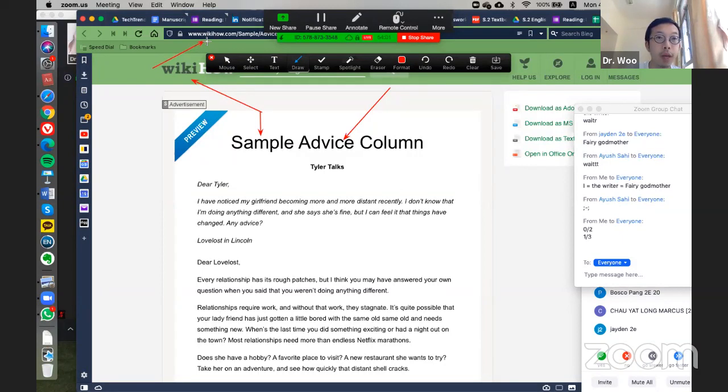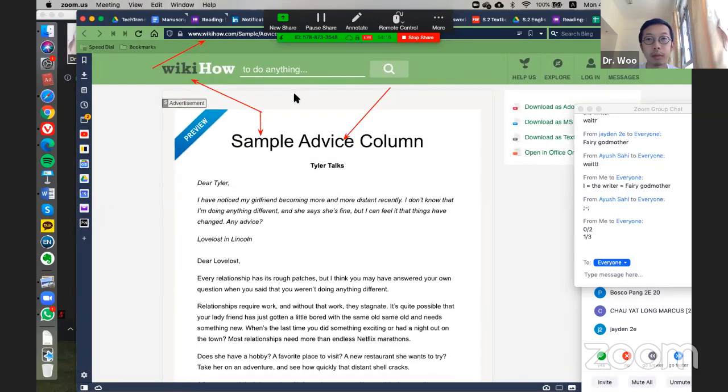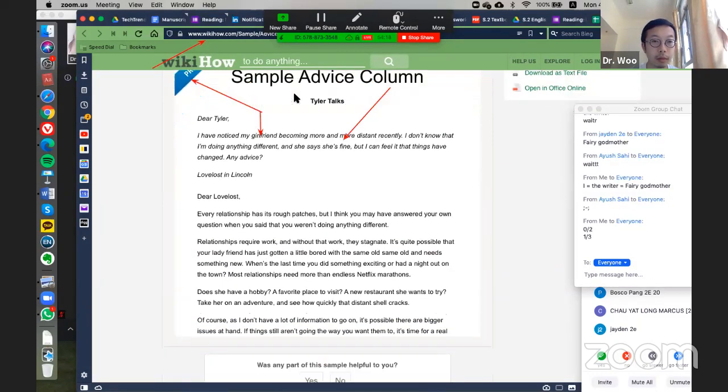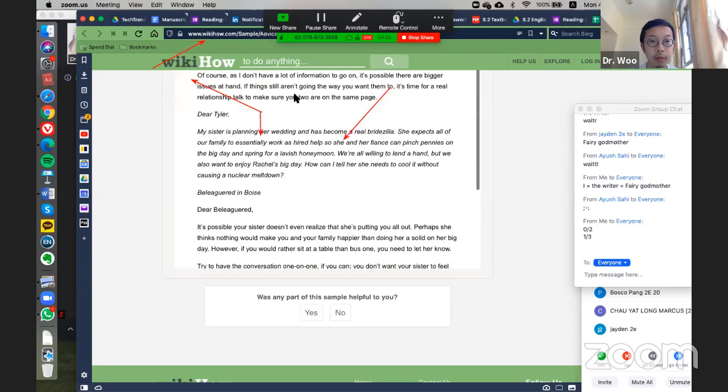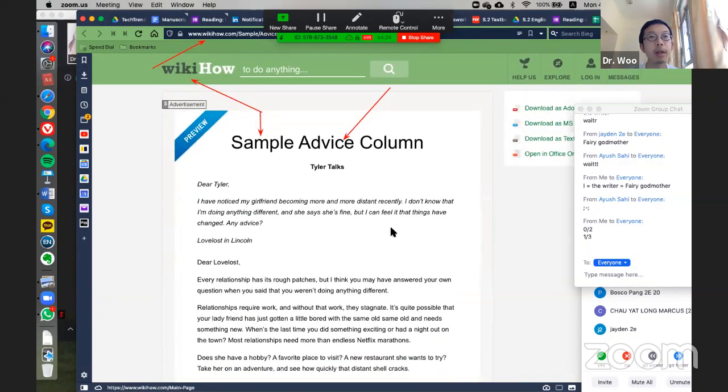It's WikiHow, like Wikipedia. They're not the same. WikiHow is not an advice column. And the key is looking at wiki and sample and preview.